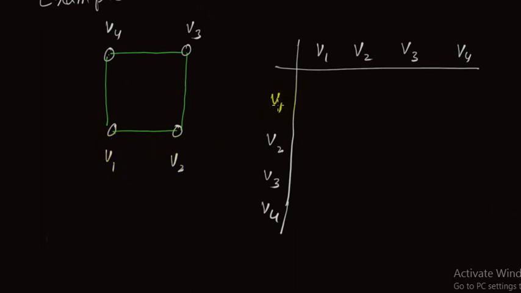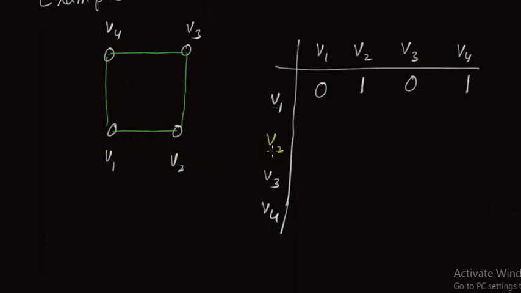Now for V1 and V1, there is no loop, so we choose 0 value. For V1 and V2, there is an edge, so I choose 1 value. For V1 and V3, as there is no edge, I choose 0 value. There is an edge between V1 and V4, so I choose 1 value.